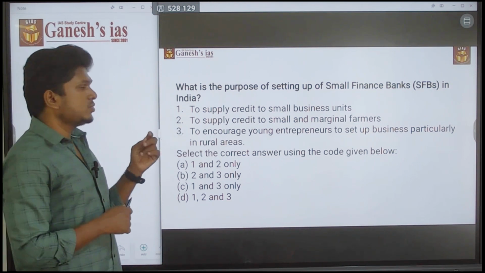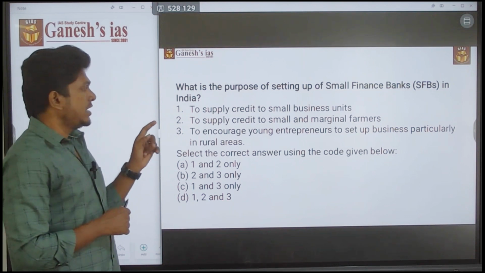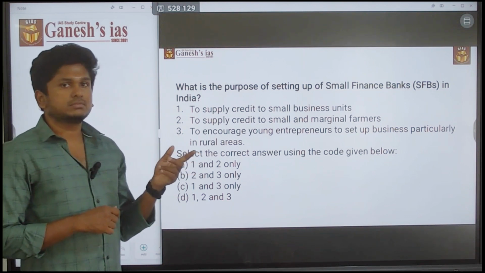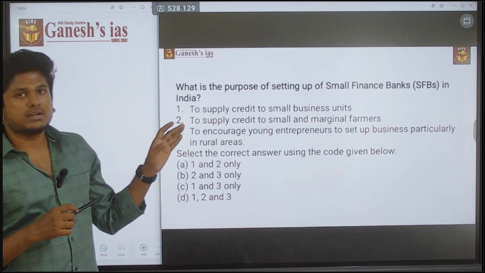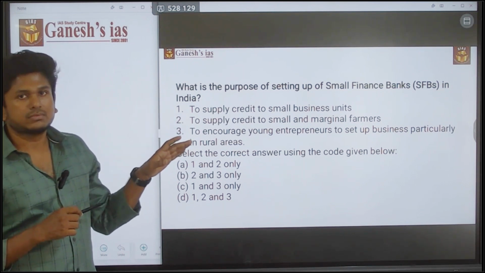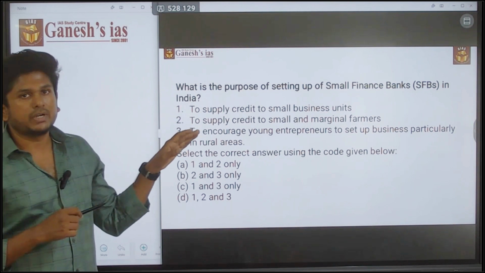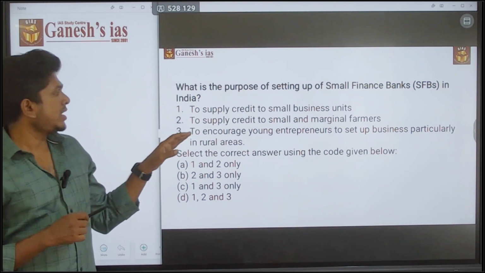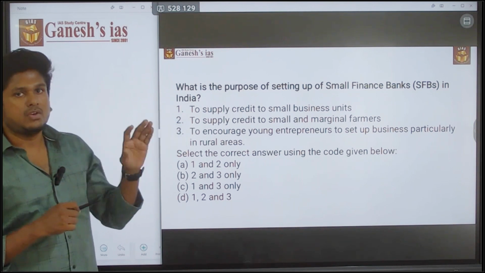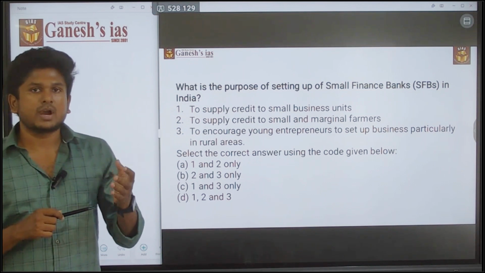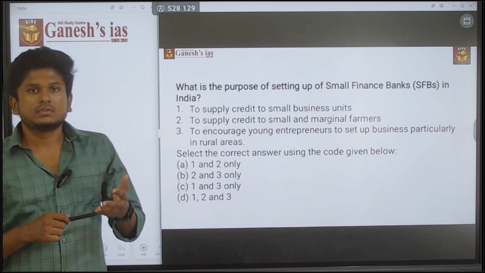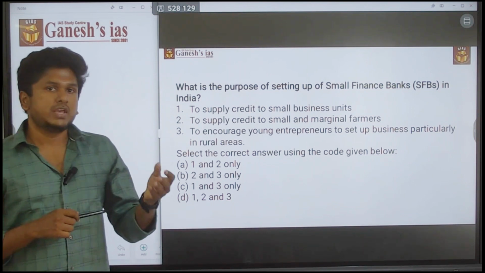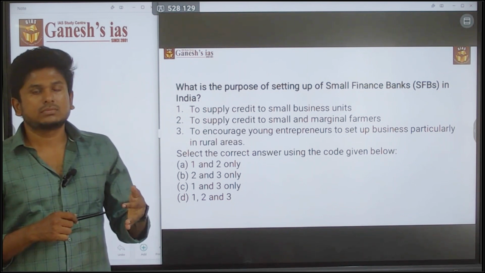There are two extreme words. First, encourage the young entrepreneurs. See, the small finance bank is actually a bank. They are not a skill development unit or something. It is just a bank. If you go to that bank asking for money as a loan, they will provide it based on your efficiency of payment.